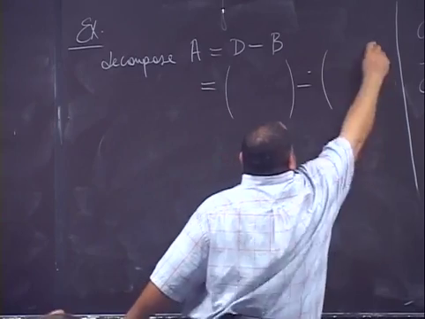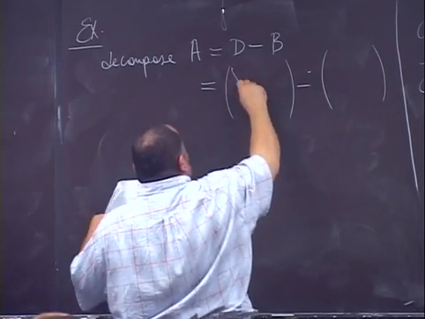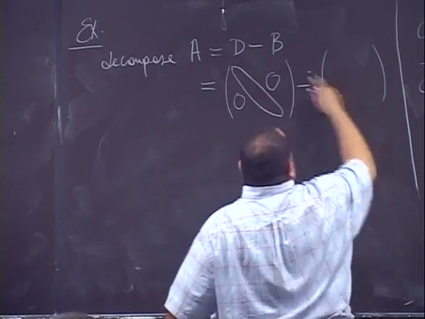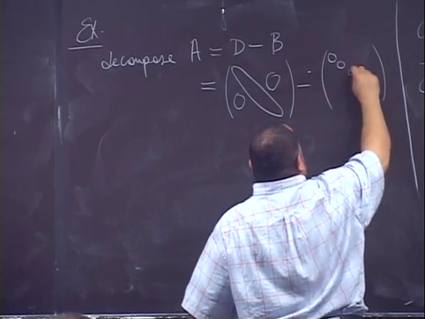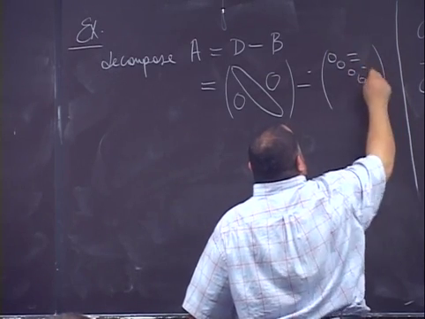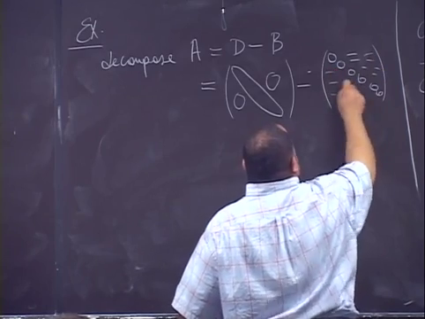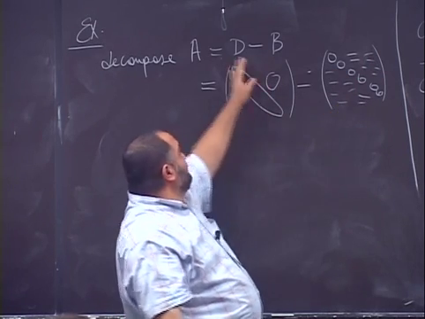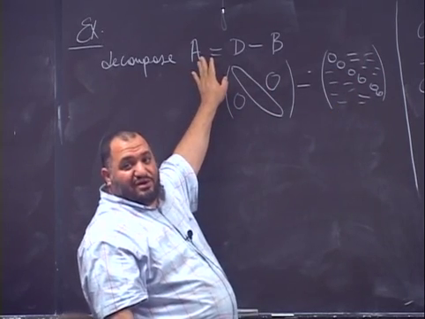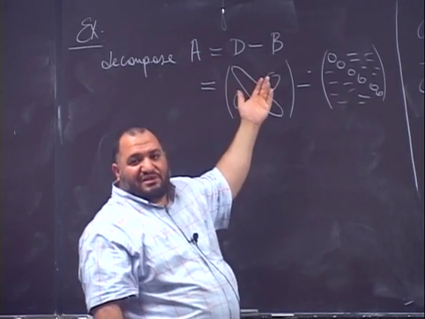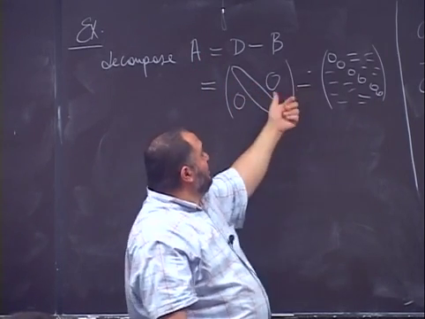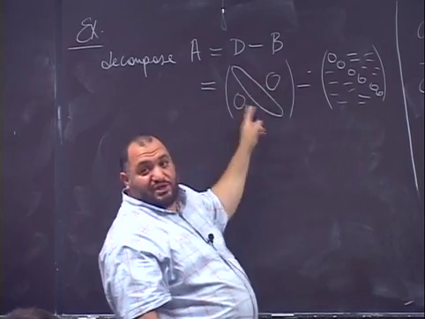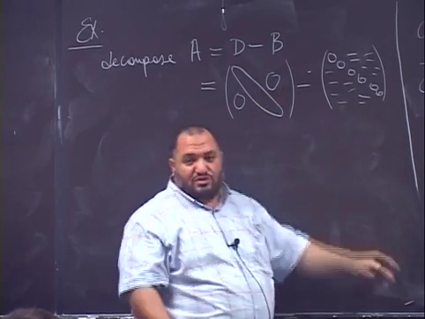If you have your original matrix, you will pick up the diagonal and everything else will be 0, minus a matrix B, which will be all zeros on the diagonal, and then the off diagonal elements corresponding to the off diagonal here will be the negative of those off diagonal elements. Because you multiply negative by those, it will be plus, then you add it to the zeros and that will give you the same elements. So it's very easy to do something like this.